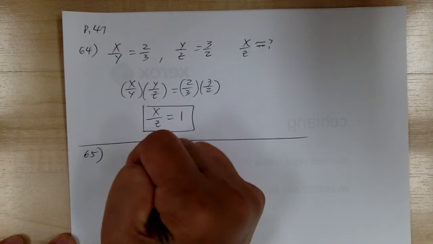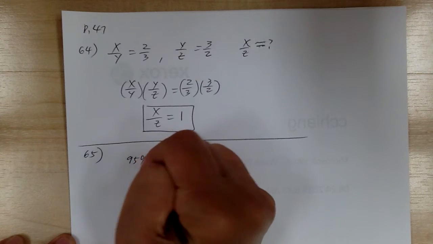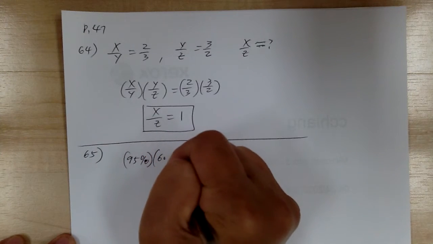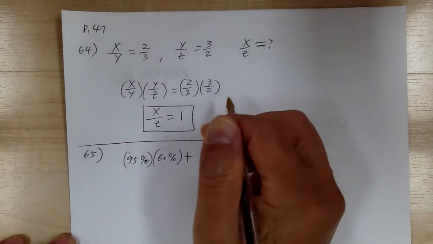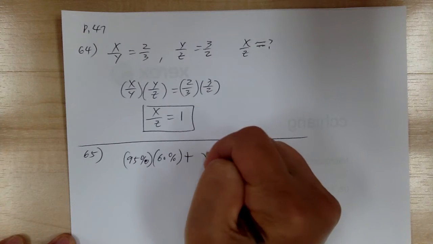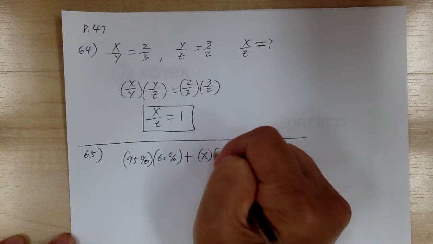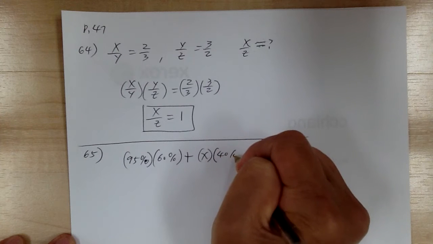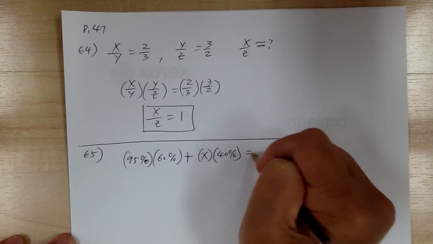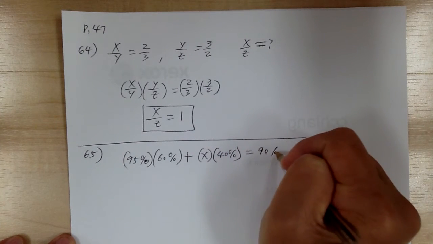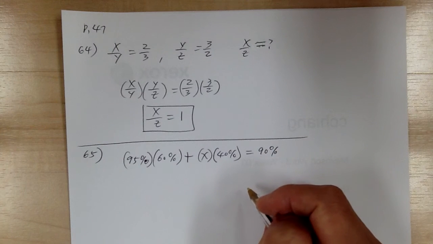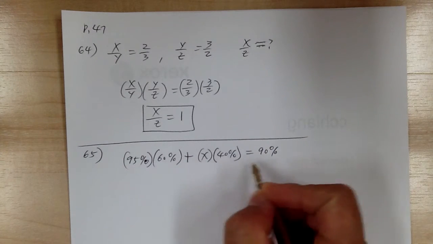Okay, so 95% on the first test, and that test is only worth 60%. And you have to add the test that is required for that student, and it's worth only 40% on the second test. And this has to equal 90% overall. Okay, so now it's just more solving.